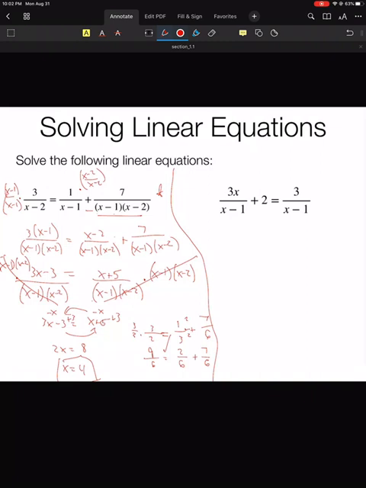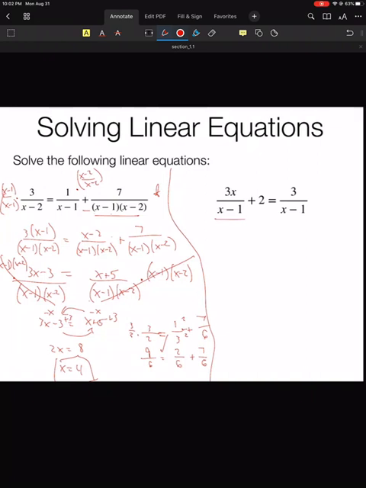Now let's look at the right. So I have 3x divided by x minus 1 plus 2 equals 3 over x minus 1. So again, I have denominators here, and I need to find a common denominator. And that common denominator is x minus 1.